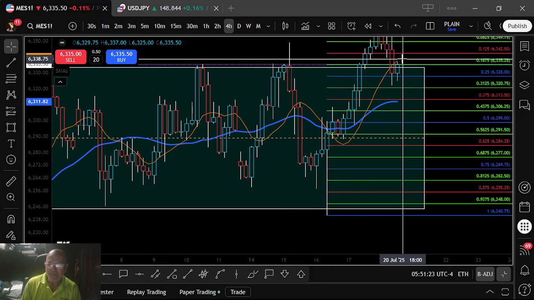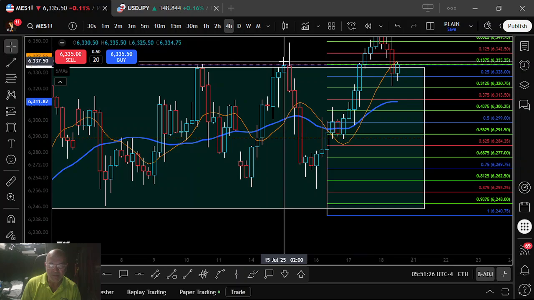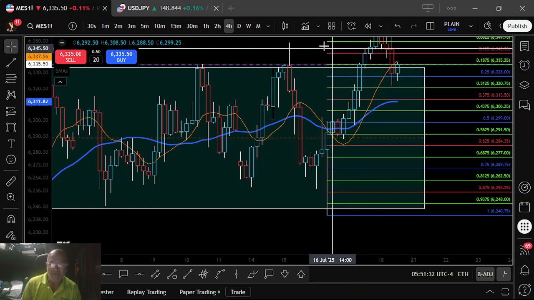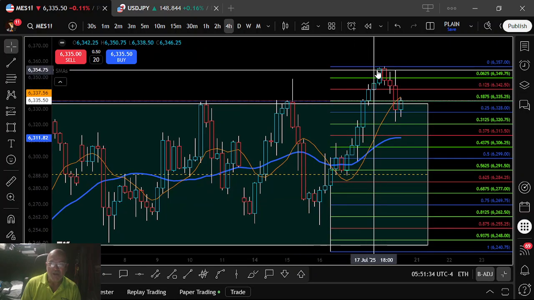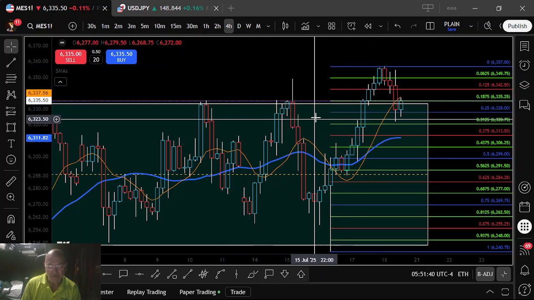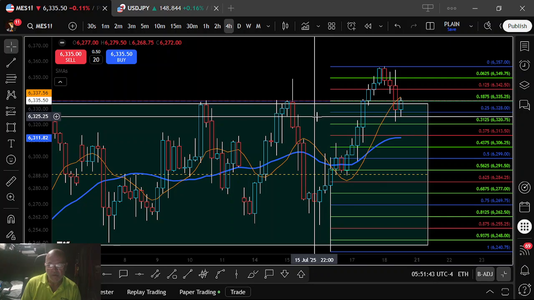Now, this isn't a very big close outside of range. It's right in line with this one here. But the fact that we did close outside of range and closed at all-time highs, new highs, that is significant to me. Okay.